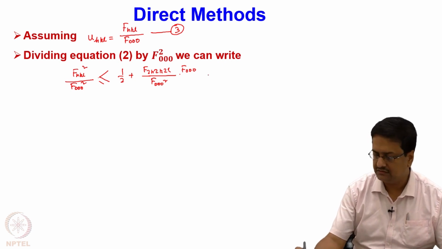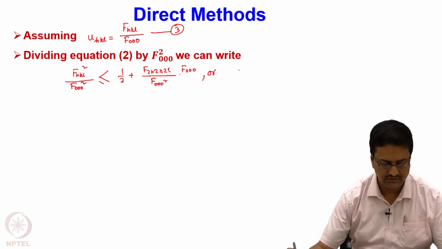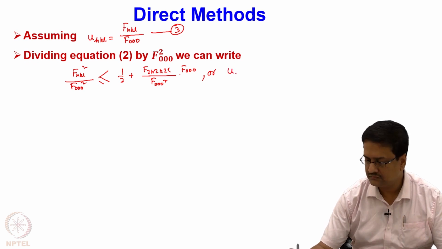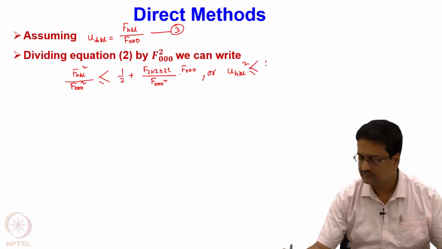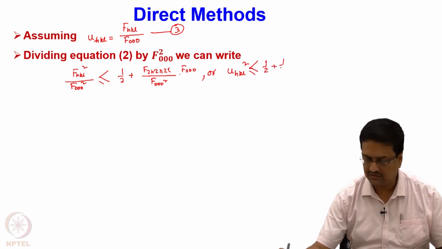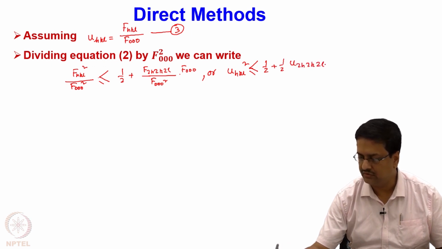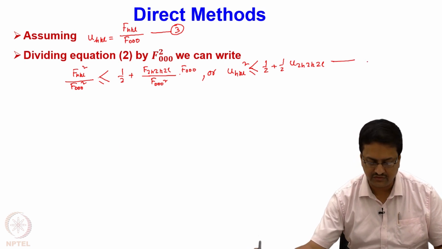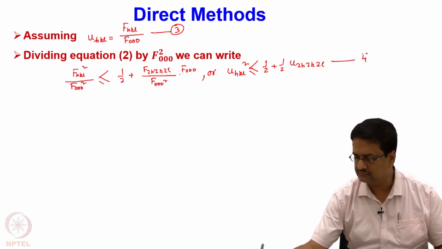So we can write it as UHKL square is less than or equal to half plus half of U2H 2K 2L, and we write it as equation number 4.